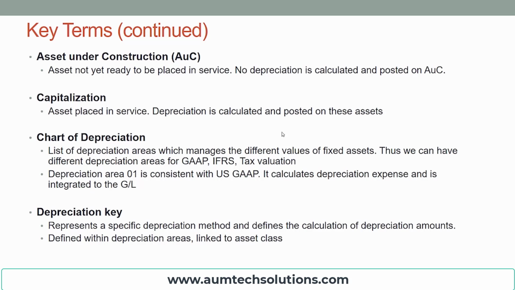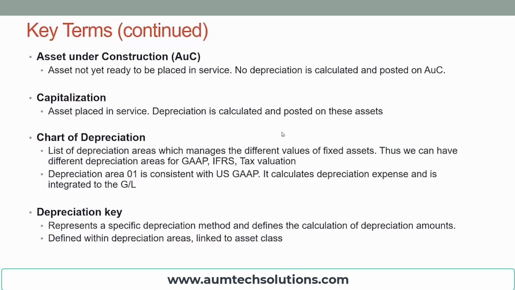Chart of depreciation. This is another important feature of the asset management module. It may happen that we need to report the fixed assets as per various reporting requirements like US GAAP, IFRS, IAS, International Accounting Standards, and so on, as well as for taxation purposes. With these different requirements, the depreciation on the asset is calculated with a different method. For example, for taxation purposes, depreciation may be calculated on an asset based on the reducing balance method.